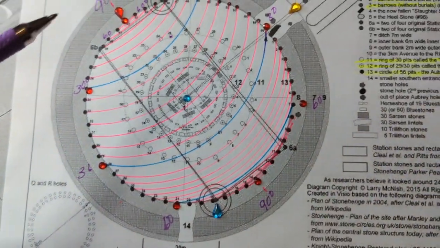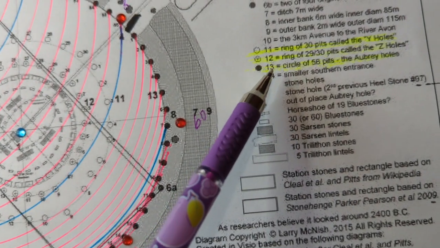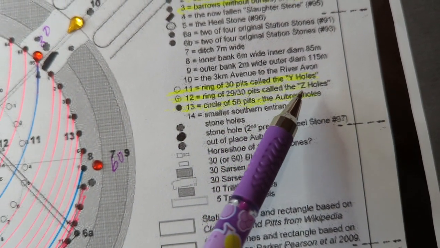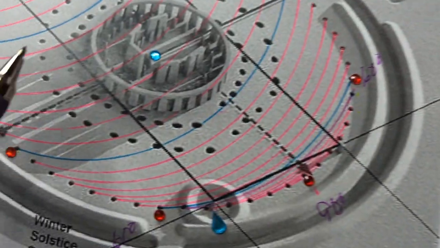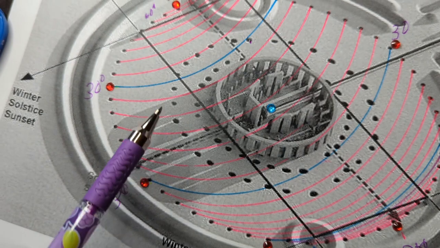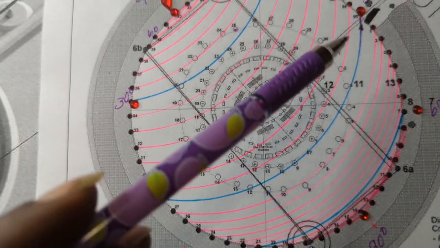Now this is 11, so if we look over here at 11, that's the ring of 30 pits called Y holes. So these holes out here represent the Y holes.